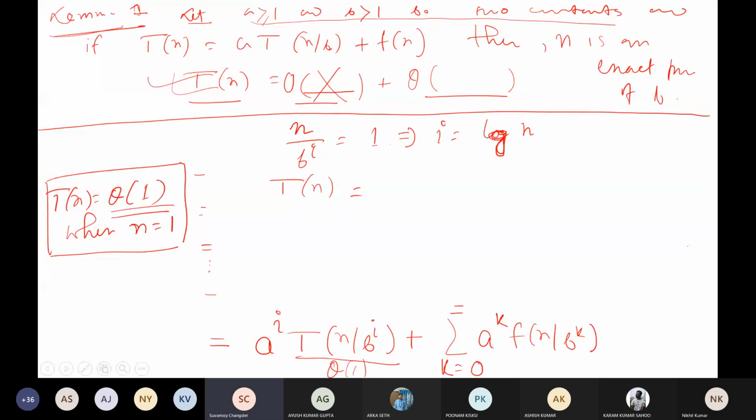It will not be base 2, it will be log n base b, since this is b to the power i.